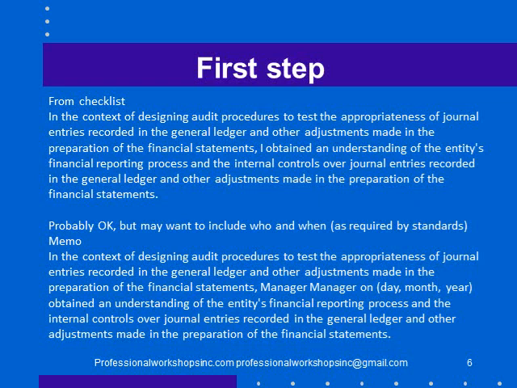If several different people did it, you might want to say, on July the 1st, 2023, manager and manager did this, and on July the 4th, senior and senior did that. So tailor it more specifically. But standards do require that we have date and who did it documented. We've got that in the checklist.